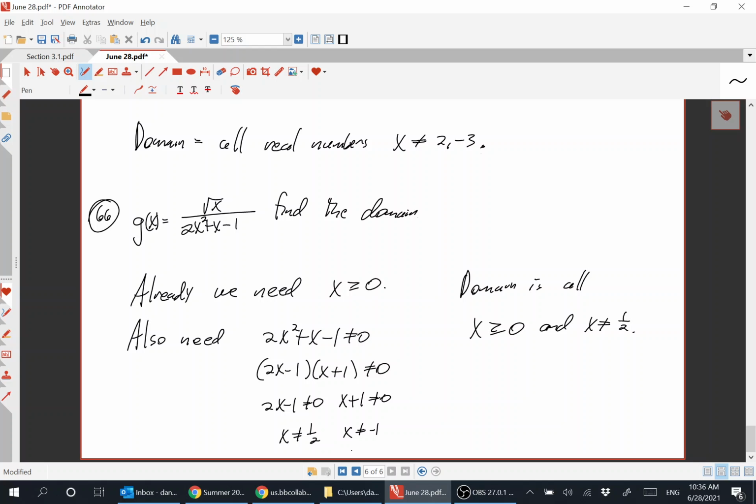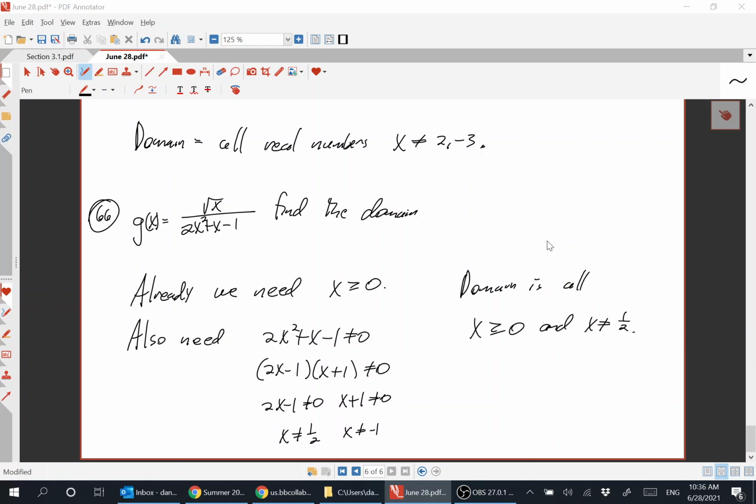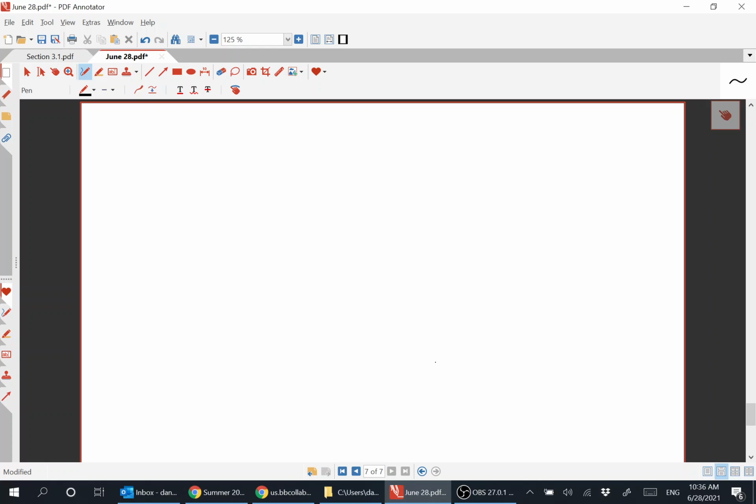Number 71. Or number 68. We'll do 68. So the square root of x squared minus 2x minus 8. Find the domain.